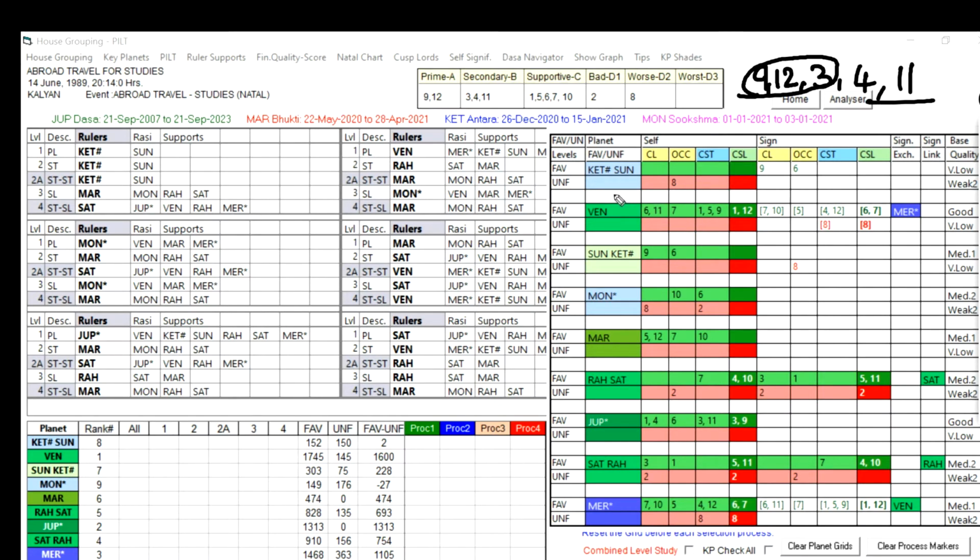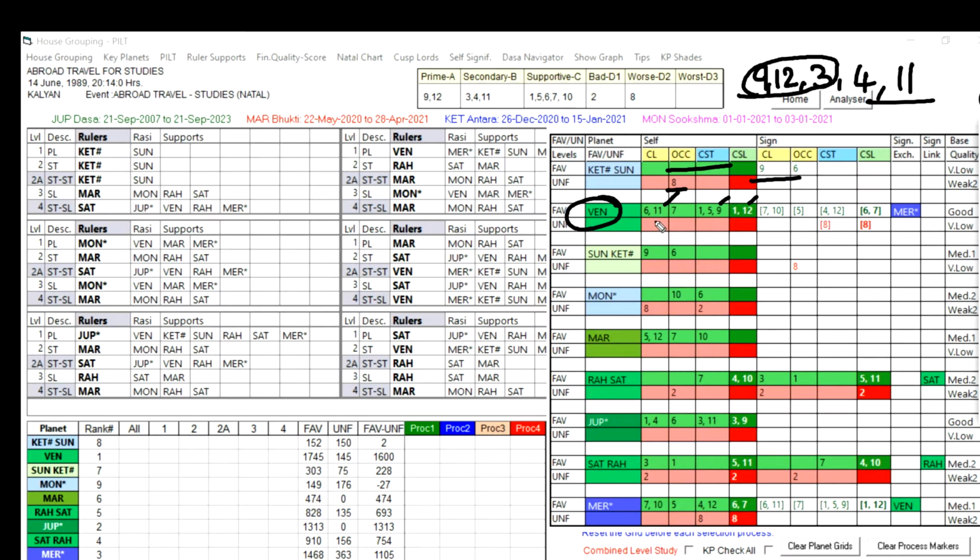Now you can see Ketu is not having any favorable houses and only has the 8th house in the occupying house. In the sign column it is okay, but it is not a very strong significator. Look at Venus. Venus is signifying 6, 11, 7, 1, 5, 9 and 12 houses. It is a good significator.